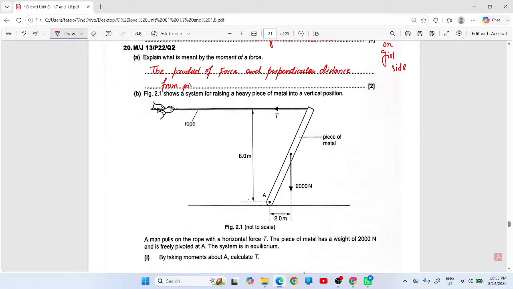Okay, the product of force and perpendicular distance from the pivot is called moment of force.